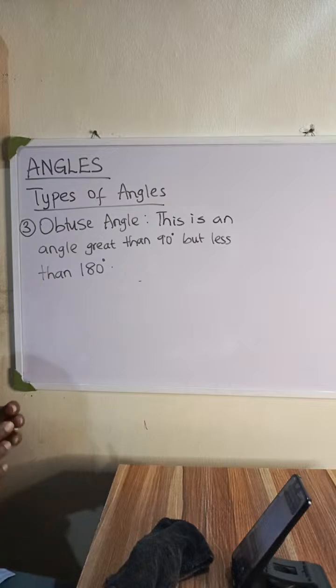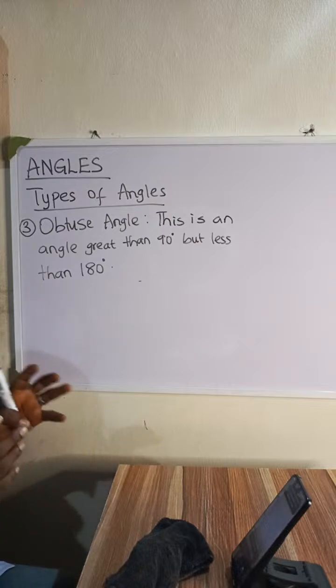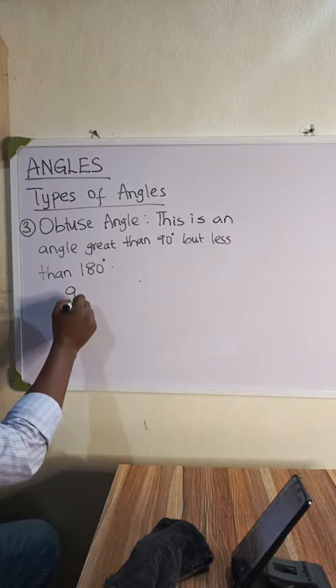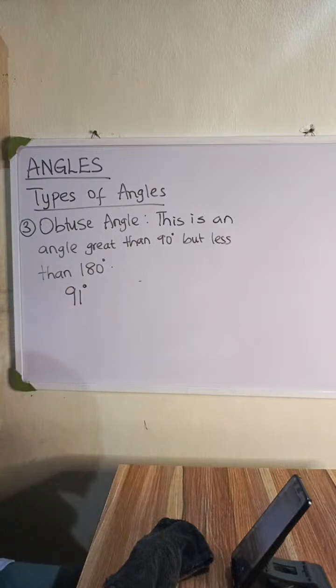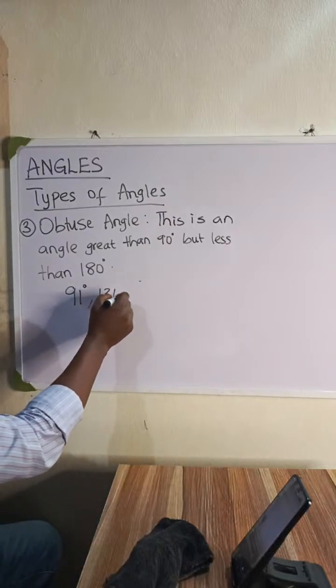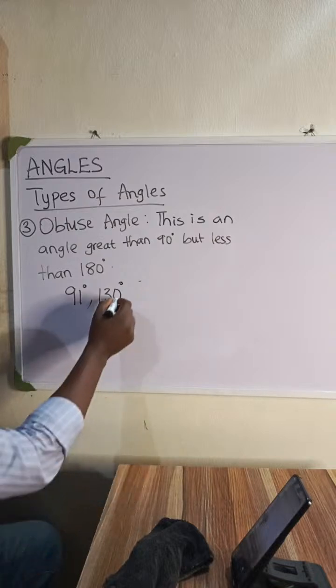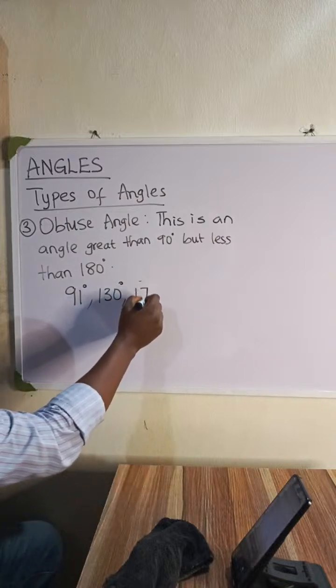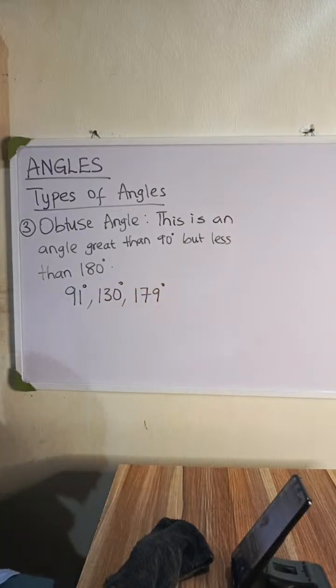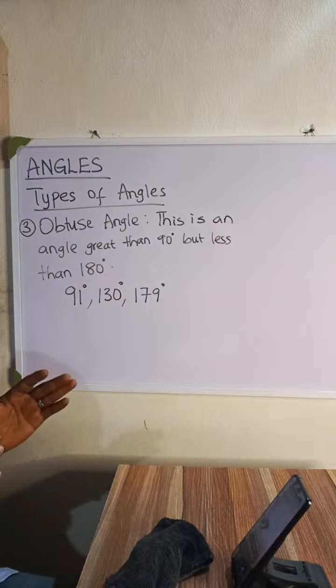So any angle you find that is greater than 90 degrees but less than 180 degrees is an obtuse angle. 91 degrees is an example of an obtuse angle. 130 degrees is an obtuse angle. 179 degrees is also an obtuse angle.